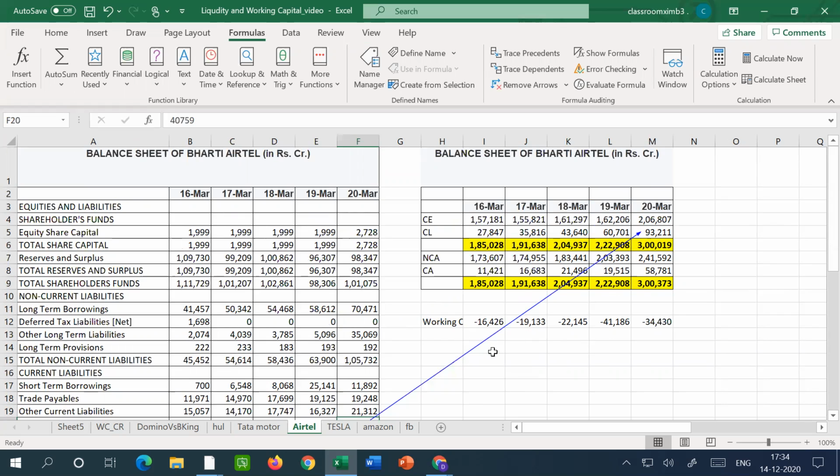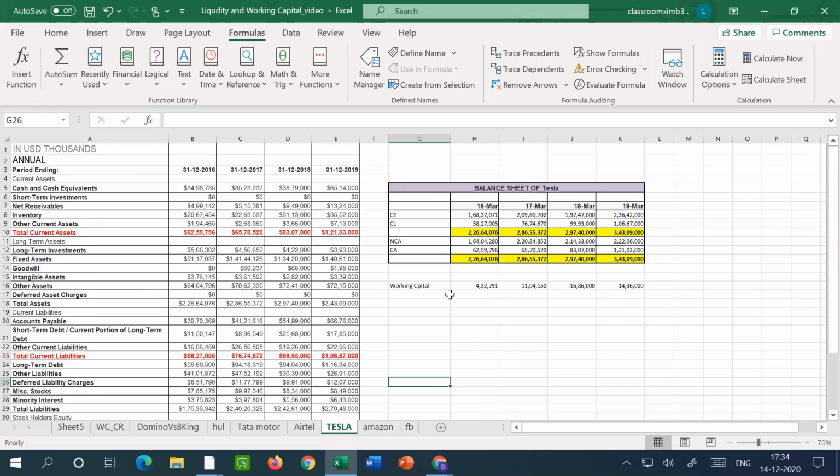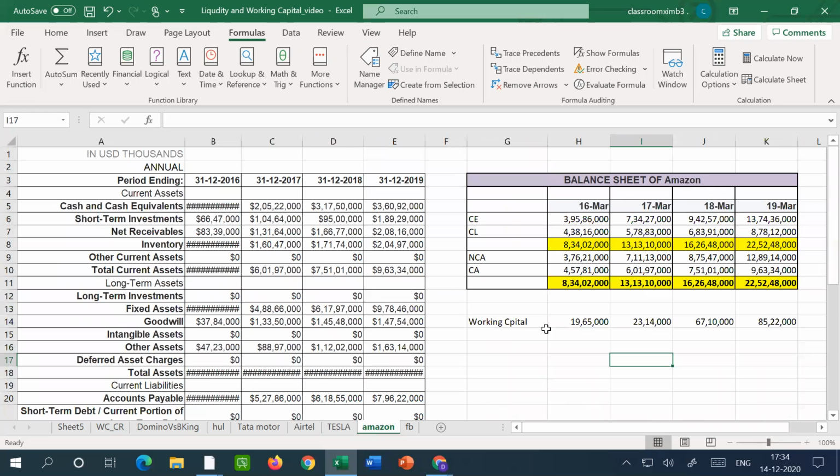But let us now observe the working capital of some foreign companies like Tesla. Tesla's working capital has been positive and negative in the last 4 years; 17 and 18 have been negative, whereas in 19 it has become positive. Amazon, all through, the working capital has been positive.